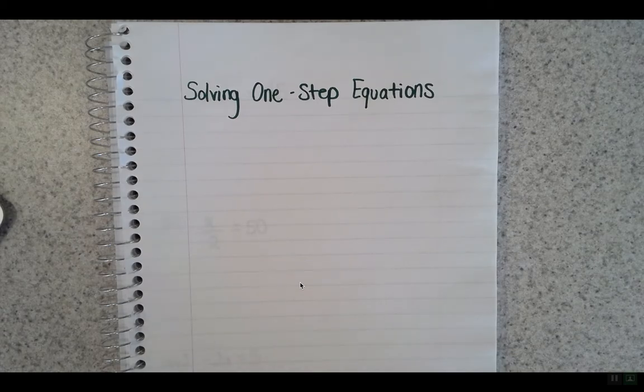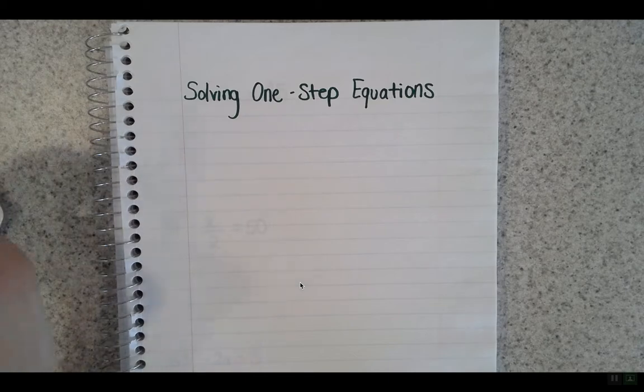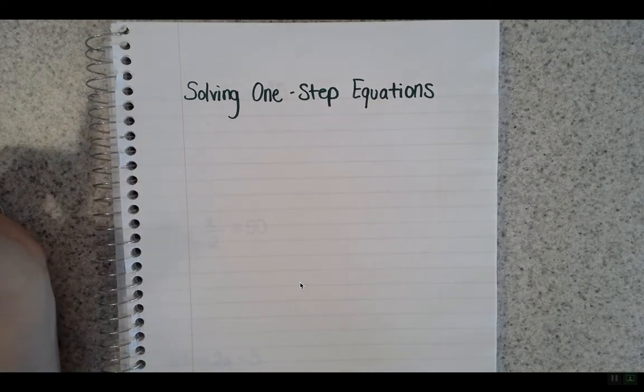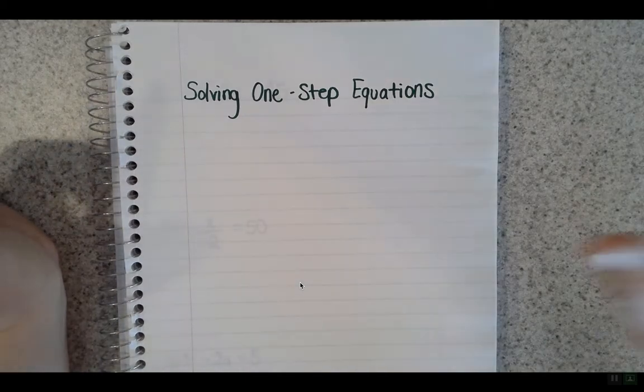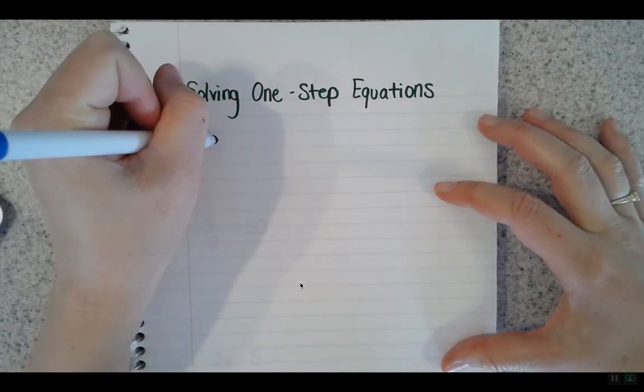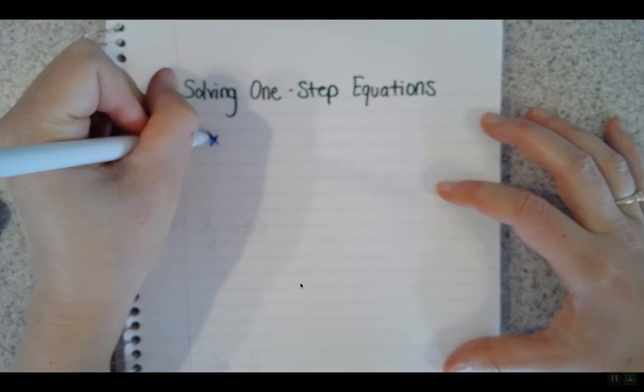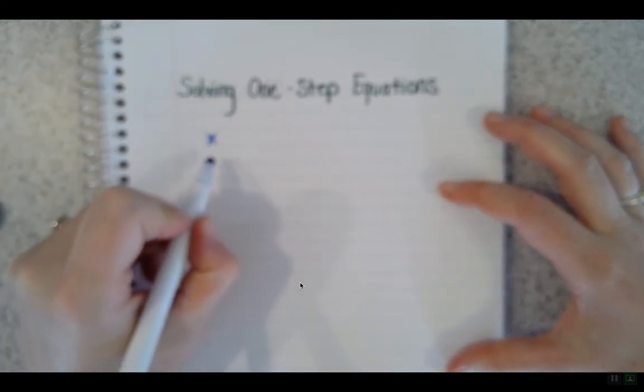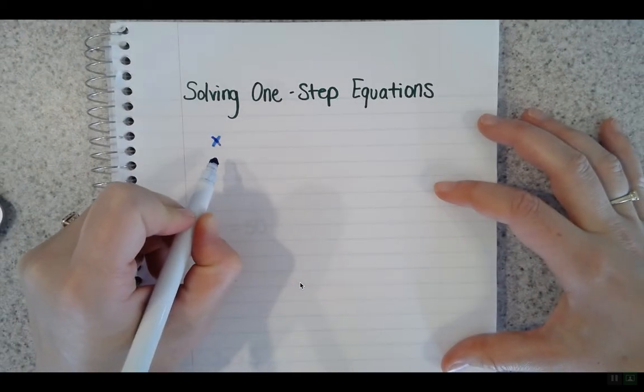Okay, before we start looking at equations, let me just point out, once you start using algebra or variables in your math, you really try to avoid using the times symbol. The times symbol is more used for elementary level classes and no longer used in algebra, and here's why.